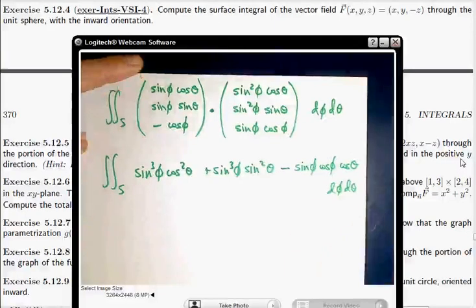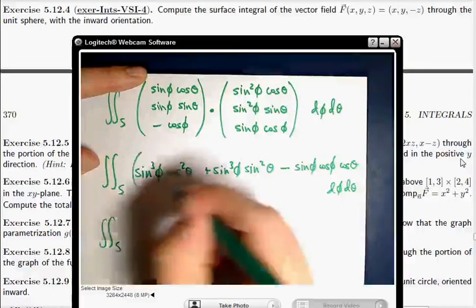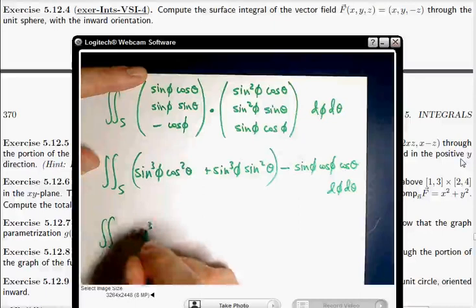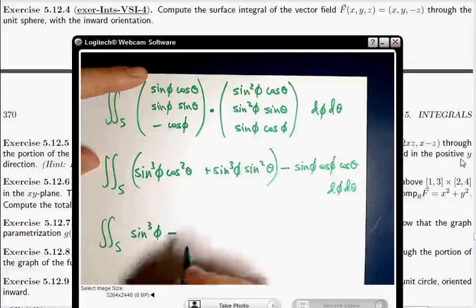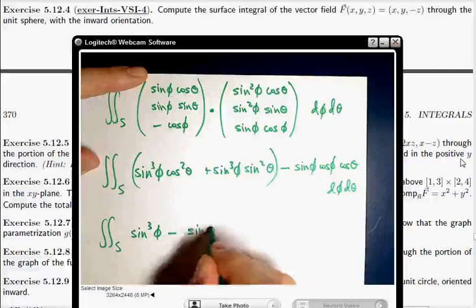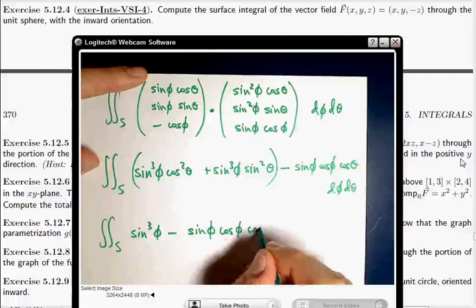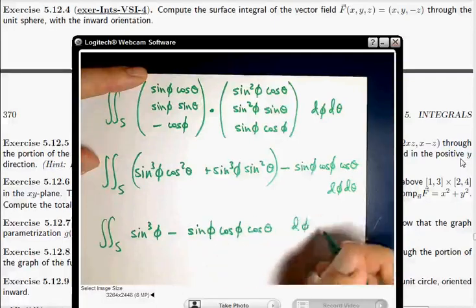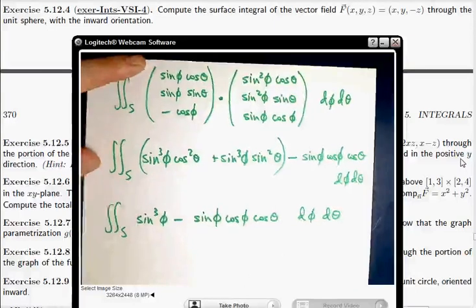D phi d theta. So, all right, rewrite. This is just sine cubed phi. Then I have minus sine phi cosine theta d phi d theta. Okay, so maybe we can get lucky and something's going to go to 0.